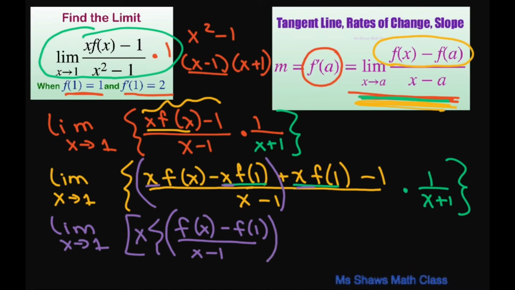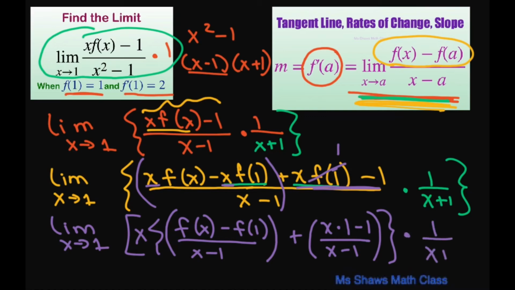And then for this piece, I'm just going to copy it down. So I know that f of 1 equals 1. So basically what I have is plus x times 1, minus 1, divided by x minus 1. And I still have my times 1 divided by x plus 1.